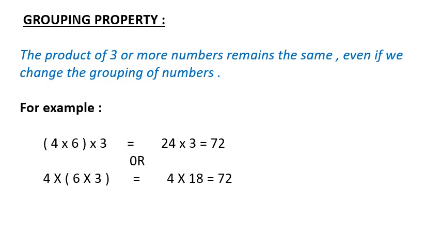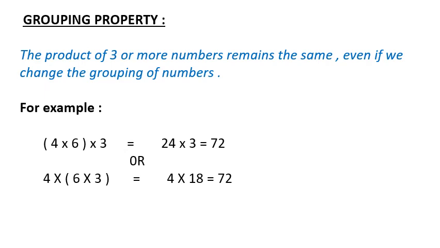Now using the same numbers, but I am changing my group. So here, instead of the group of 4 and 6, in the second calculation I am making the group of 6 and 3, and then whatever product will be there of 6 and 3, that I will multiply by 4. So let's see.